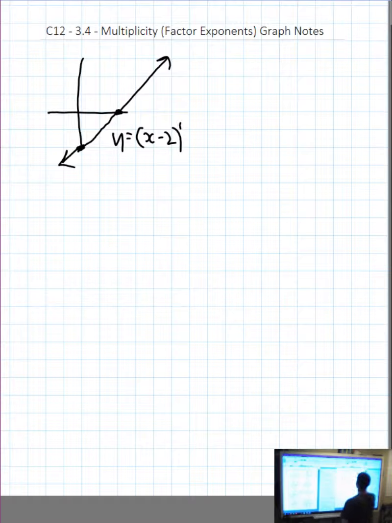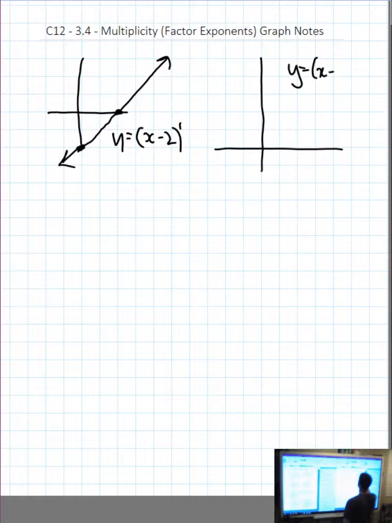We then went on to grade 11 and saw equations like y equals x minus 1 and x minus 3. And we knew we had x-intercepts at those factors, so if I set those equal to 0 and solve, I get x minus 1 equals 0, so we have an x-intercept at 1 and an x-intercept at 3.